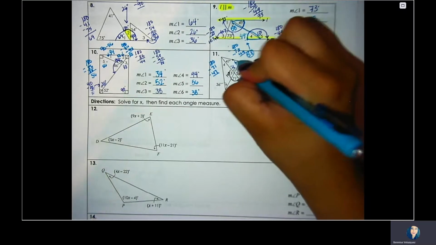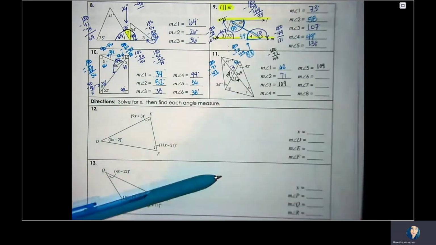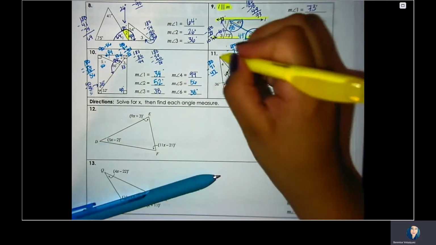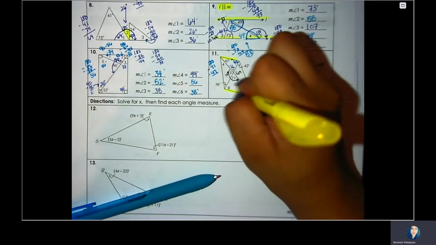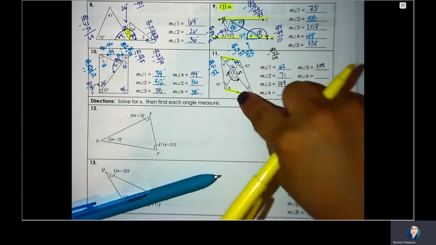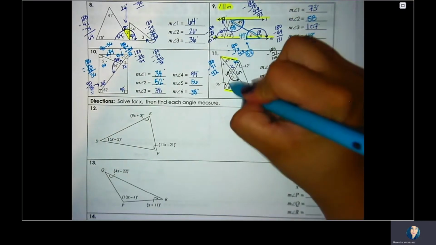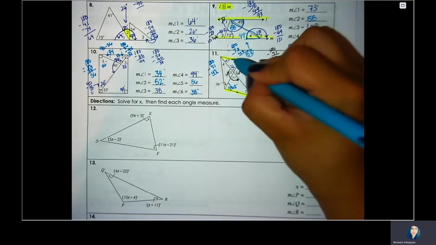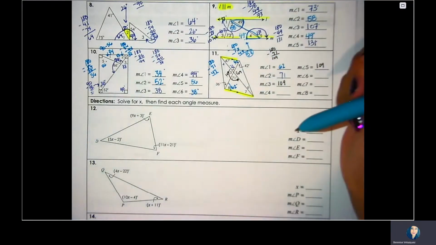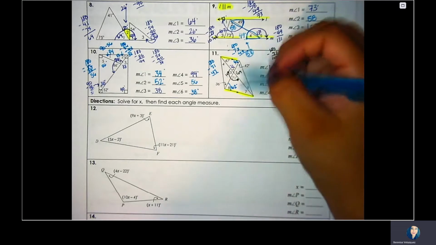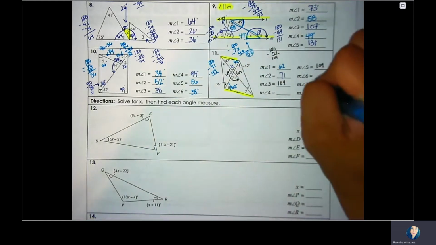Again, I would write it in. Next, this is parallel to this. It's got that block arrow. Since they're parallel, if this is 62, this one is 62 because it has that Z shape that we talked about in the other one up here. So now that we know that that's 62 and that's 62, I can write that in.